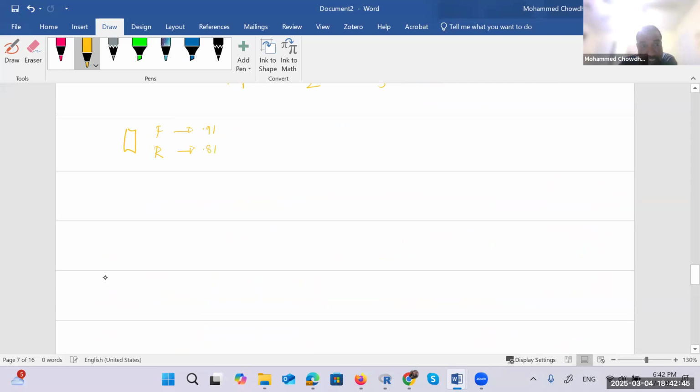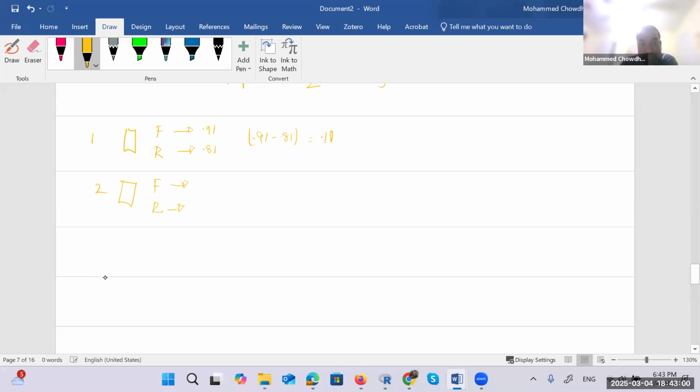So you take the first sample, 0.91 minus 0.81. This is your absolute difference, 0.10. For the second sample, you take the full model and reduced model, after fitting those for the same data, and plugging in the same x values, you get 0.61 here and 0.41 here. You take the difference between them, and this is your difference, right?